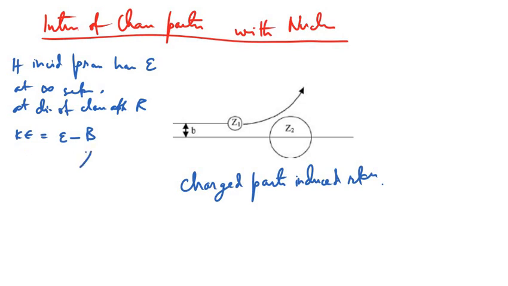B is basically our Coulomb barrier. So in this case, the situation will be different because of the presence of the Coulomb barrier.